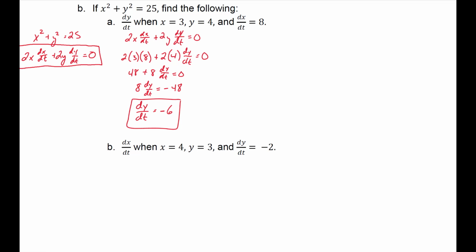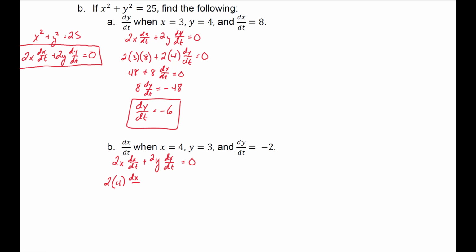All right, so part B now, let's find dx/dt whenever x equals 4, y equals 3, and dy/dt is negative 2. Let's use the equation we already found: 2x dx/dt plus 2y dy/dt equals 0. Now 2 times x, we're told, is 4.